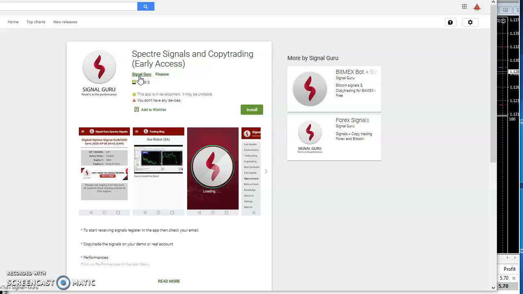The third one, which you just saw now, is the application that sends signals for Spectre and also does copy trading of the digital option. We will soon release all these applications, plus also a copy trading for Forex Signal.